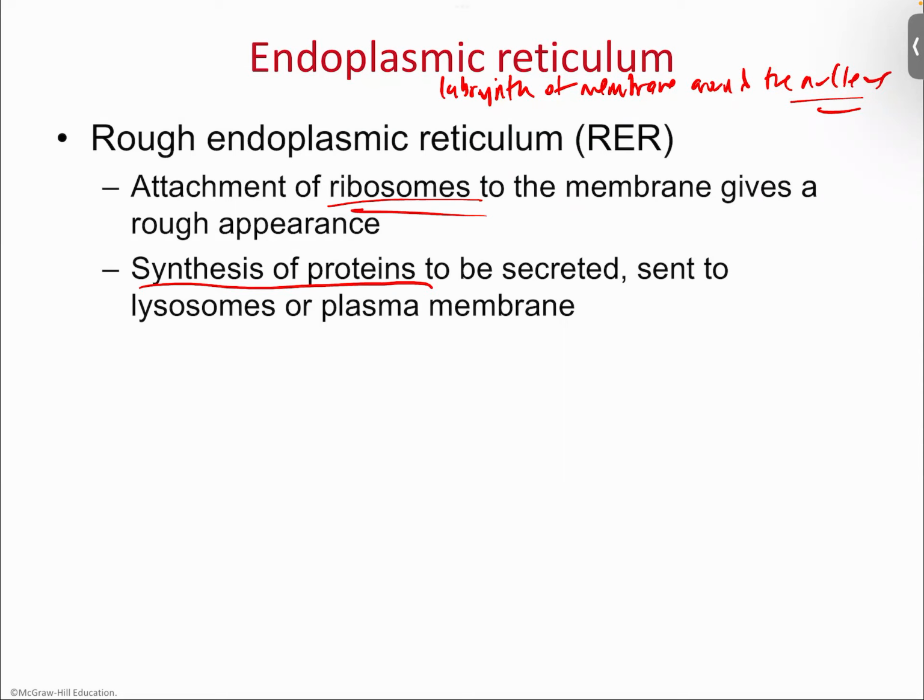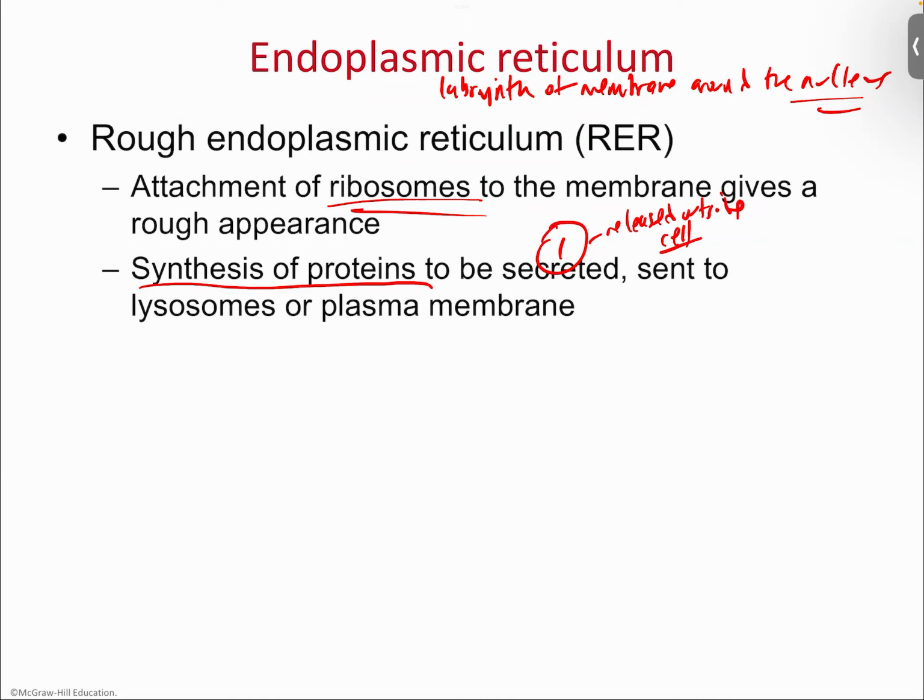Well, there's a series of proteins that the ER will make and focus on. The first one is proteins that are to be secreted, that is to say, to be released outside the cell. That's one type of protein that the ER will make, and the ribosomes on the ER will be making those. So its destination is outside the cell.